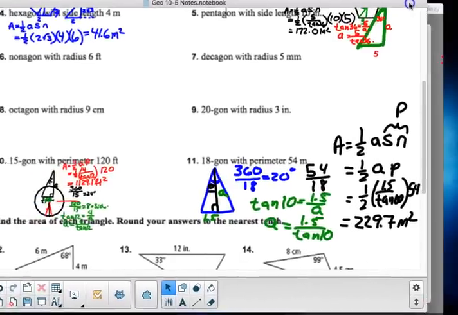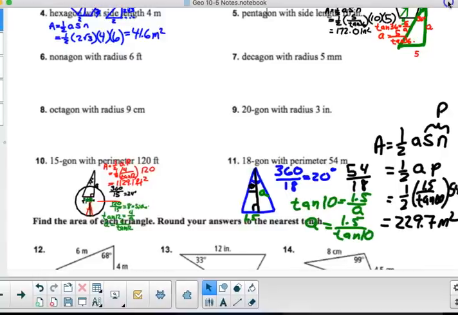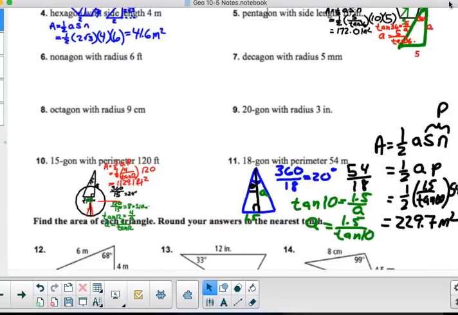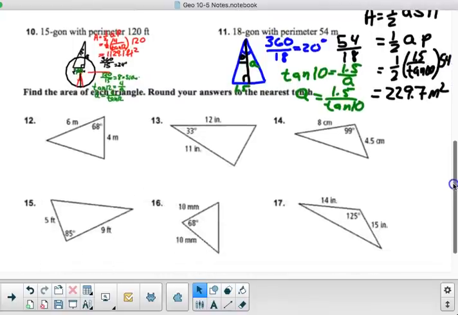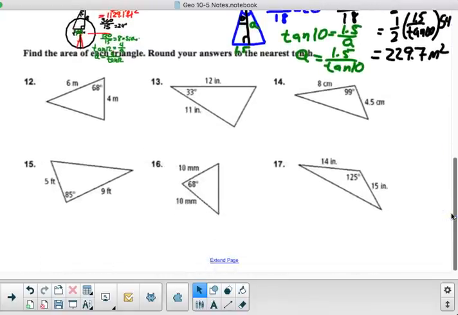Now, those are finding the area of polygons given sides. You had to find the apothem. What I'm about to do is going to get us ready for a radius shortcut.